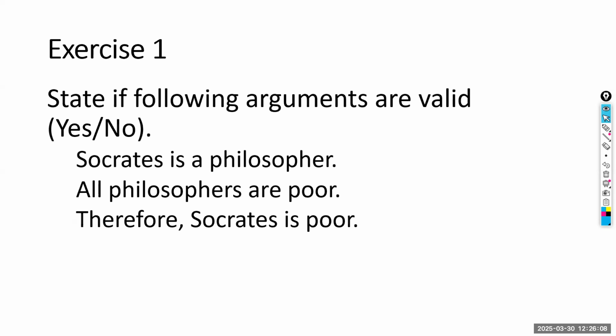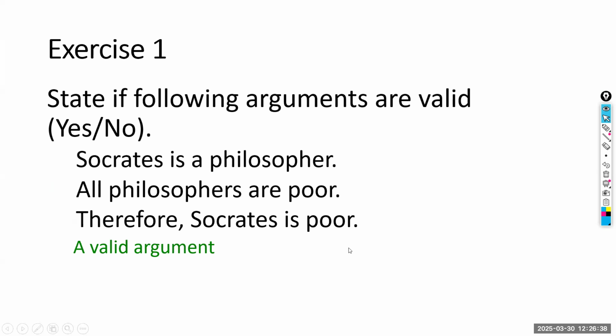Assumptions are valid. All philosophers are poor. Therefore, Socrates is poor. This is a very famous argument. Assuming that the two statements are correct, what do you think about the third statement? Correct. Because Socrates is a philosopher and all philosophers are poor, definitely Socrates must be poor.